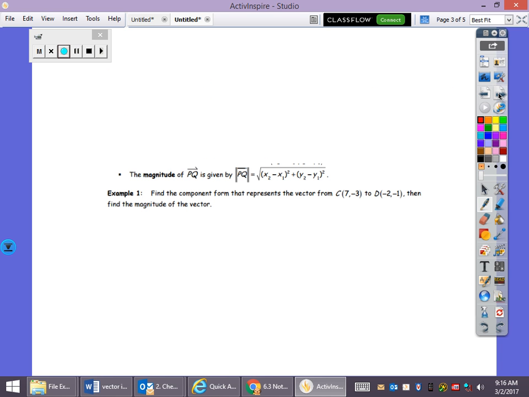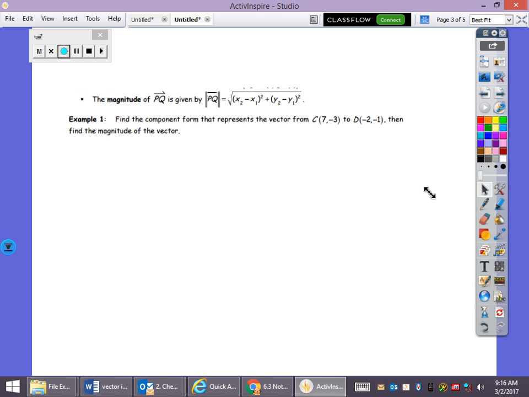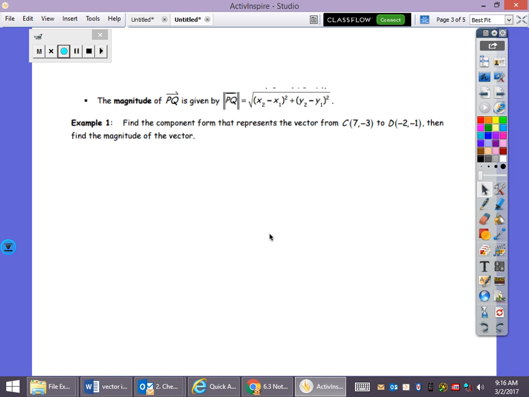All right, so now we're going to talk about magnitude. And magnitude is simply the distance formula. You saw the distance formula in geometry, yes? The distance formula is what? No, y2 minus y1 over x2 minus x1 is slope. What is the distance formula?